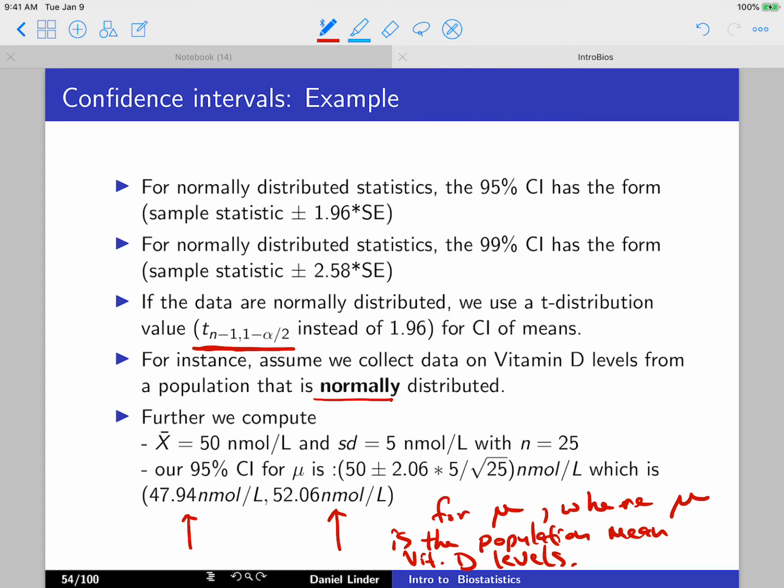Okay, so confidence intervals are statements about parameters. They are not statements about statistics. Remember the difference from a few lectures ago between statistics and parameters. Parameters are population characteristics, and statistics are things that we compute from the data. Okay?